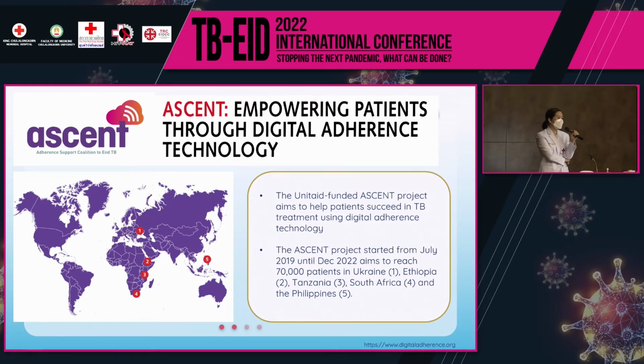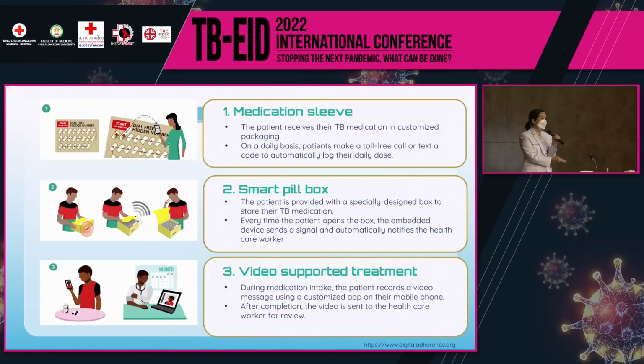The Adherence project started in July 2019 and will run until December this year, aiming to reach 70,000 patients with TB in Ukraine, Ethiopia, Tanzania, South Africa, and the Philippines. This project will implement and evaluate three types of digital adherence technology, including medication sleeves, smart pill boxes, and video supported treatment.